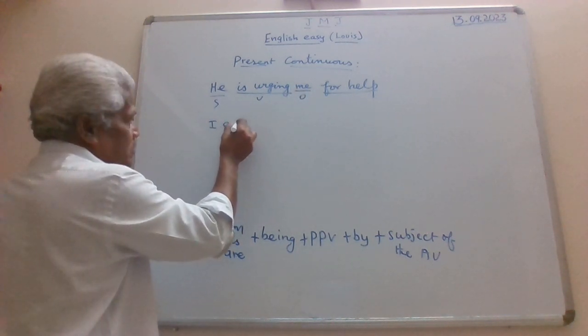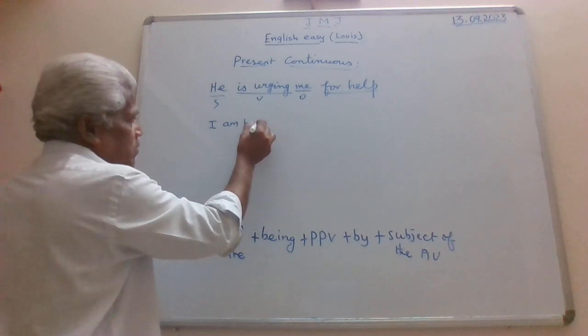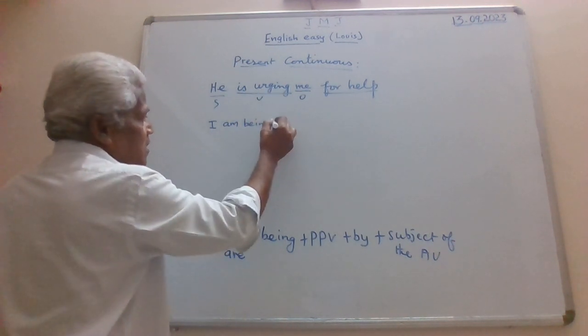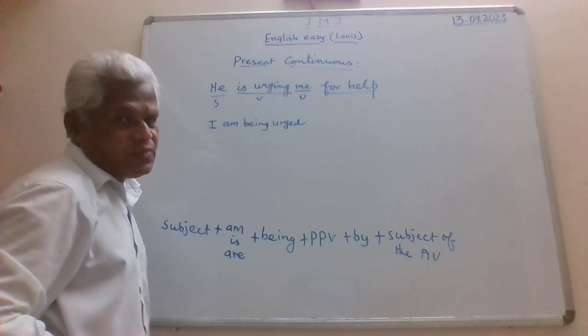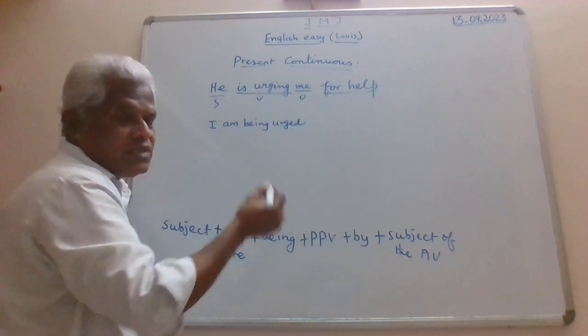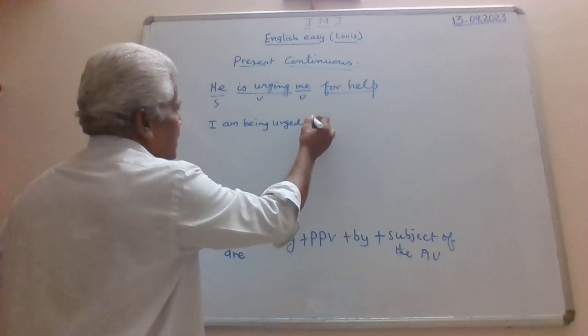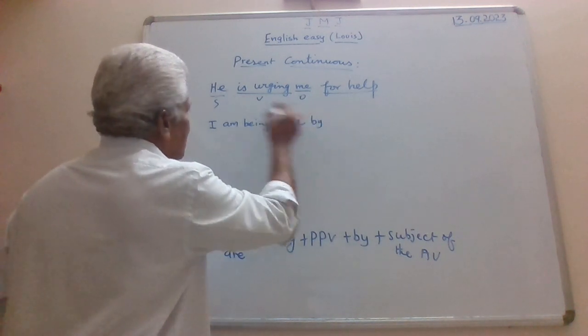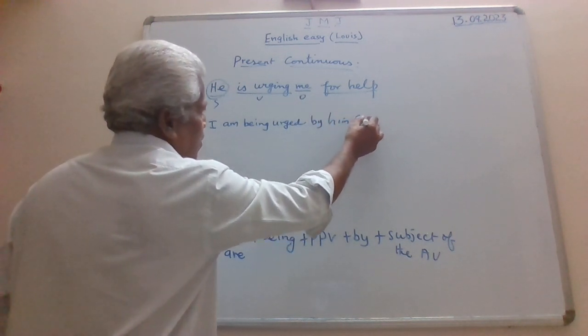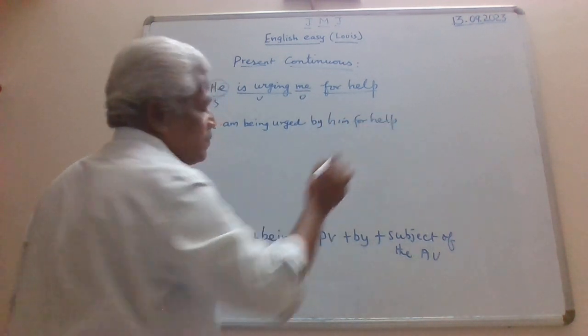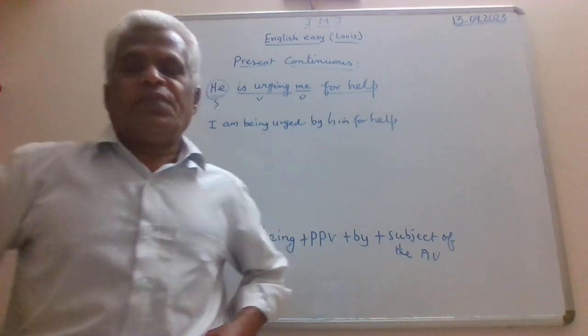I am being urged. Okay? Urged. Past participle verb form for the verb urge is urged. I am being urged by who? By him. For help.